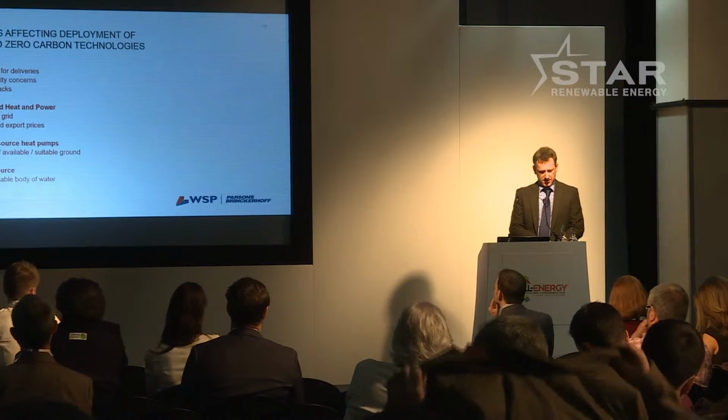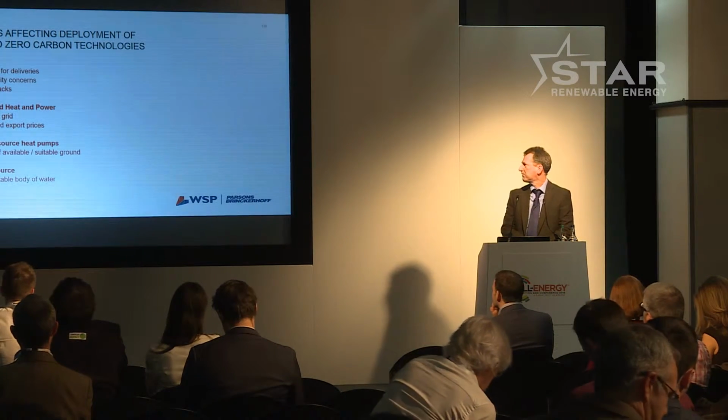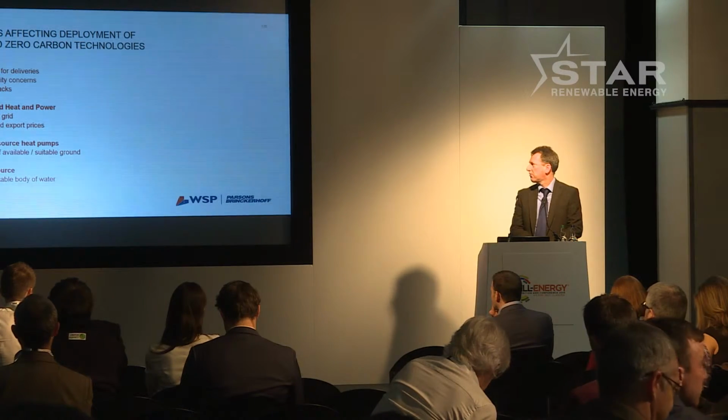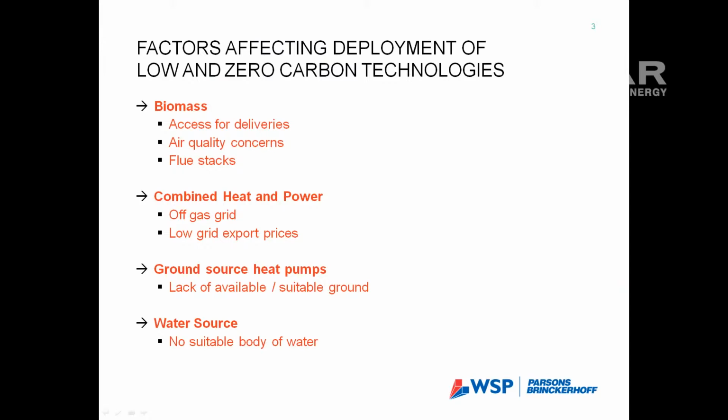When we do a study, such as a feasibility study for a district heating scheme, we often look at a variety of heat sources, but all of which do have their constraints. Here is a summary of the constraints we experience. For biomass schemes, frequently we can't get access for deliveries.